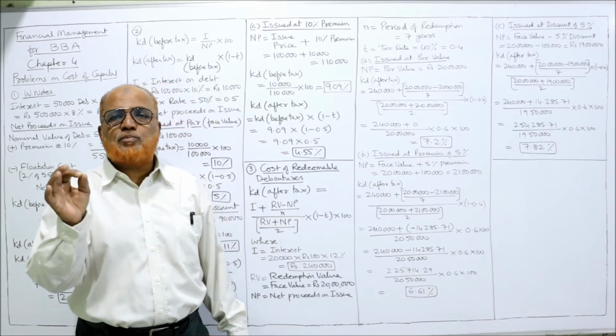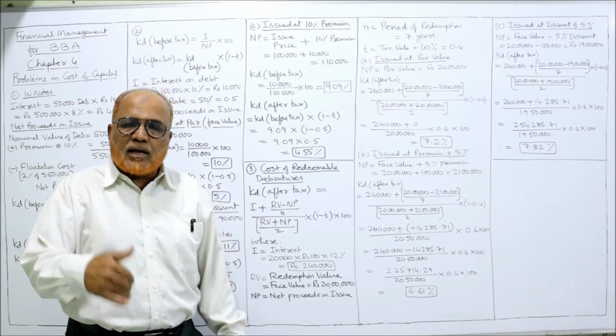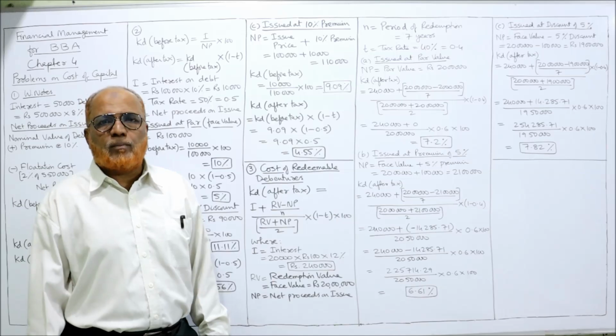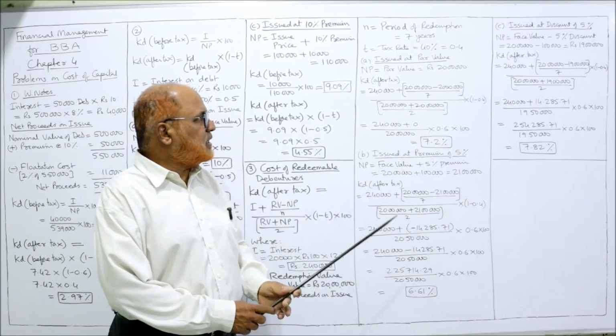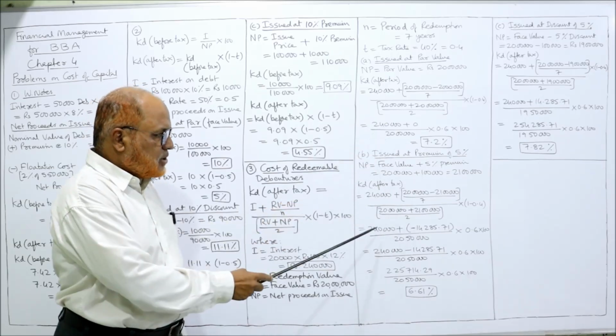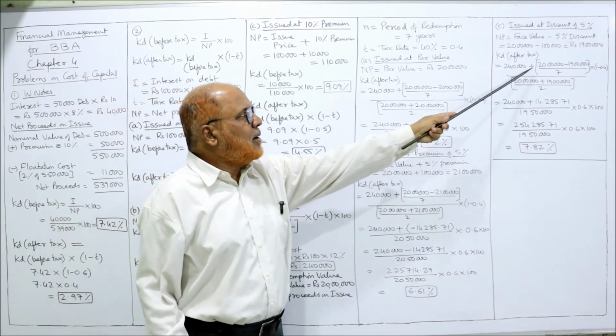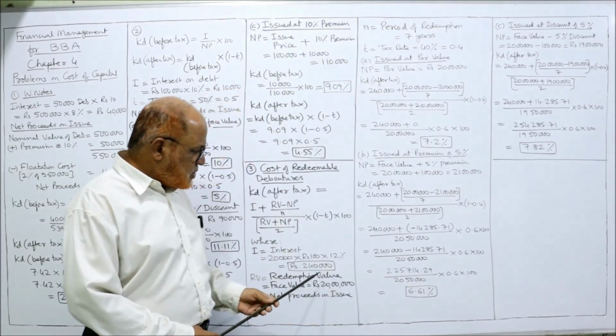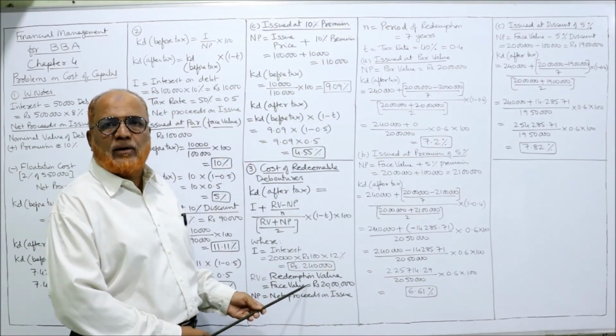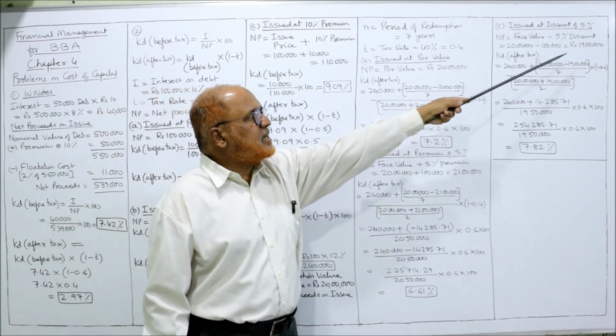That is the net proceeds, NP. Again we substitute in the formula. KD after tax. Interest 2,40,000, that will remain same. Plus RV minus NP. RV is 20 lakh, redemption value. Minus net proceeds is 19 lakh.